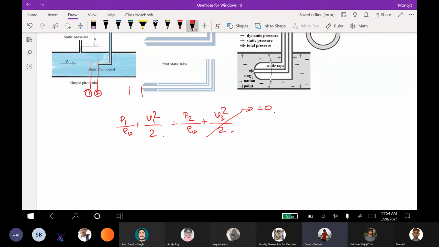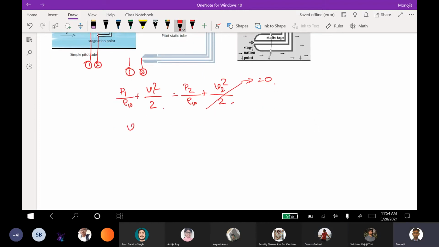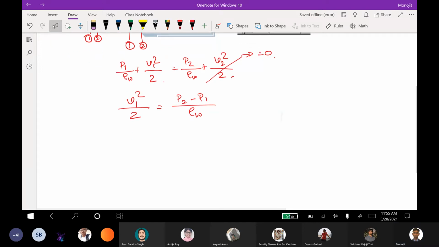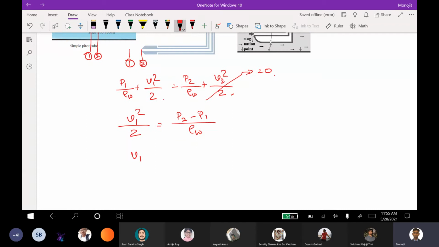Fine. So what we are getting here, V1 square by 2 is equal to (P2 minus P1) divided by rho of water. And we are getting V1 as equal to the square root of 2 delta P divided by rho of water.